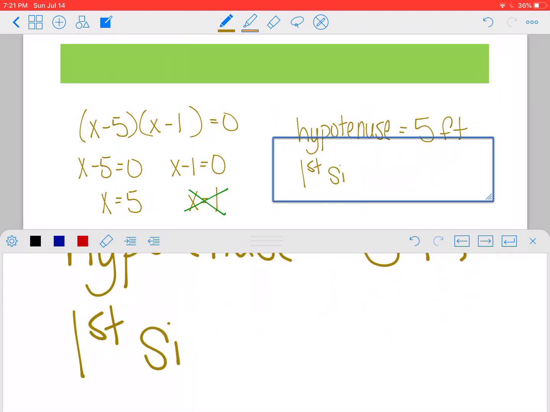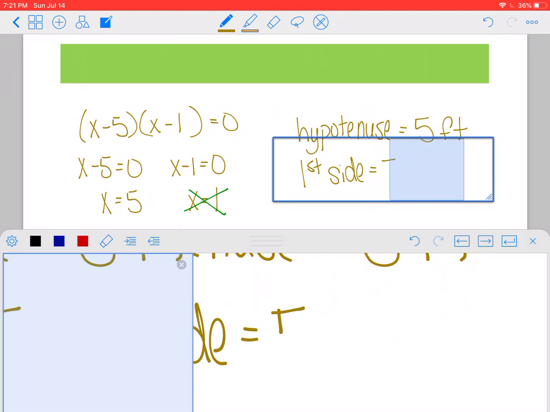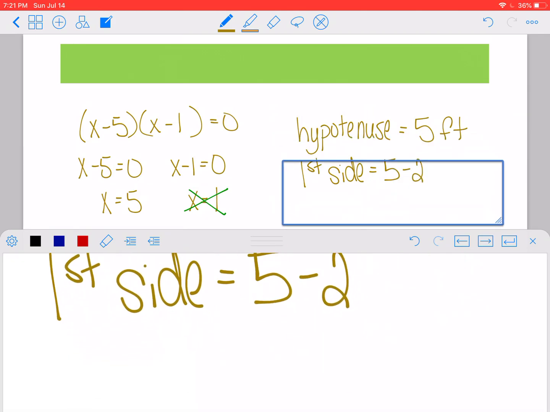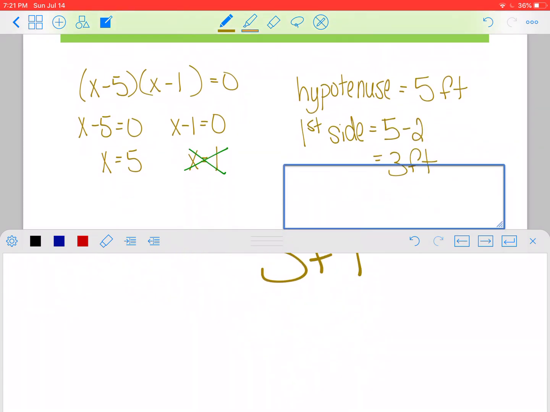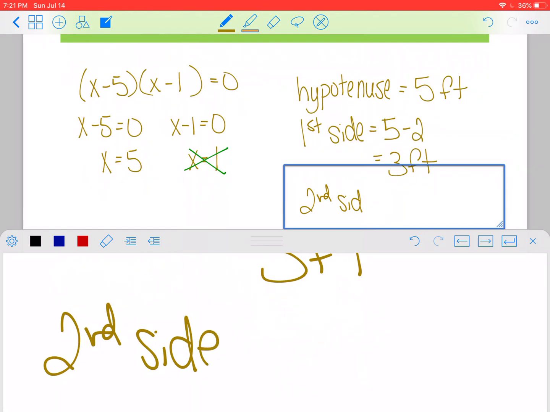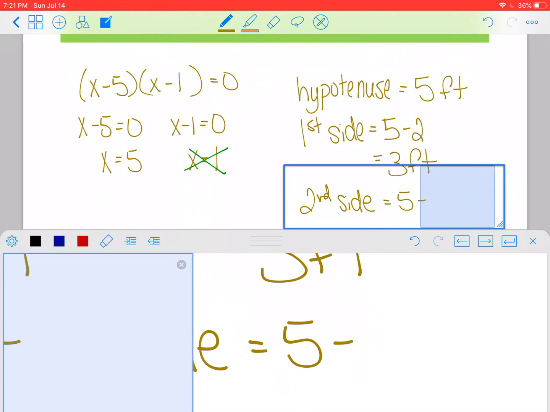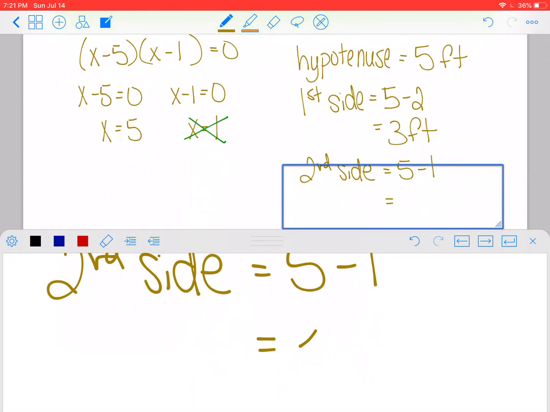The first side is x minus 2, 5 minus 2, or 3 feet. And the second side is 5 minus 1, or 4 feet.